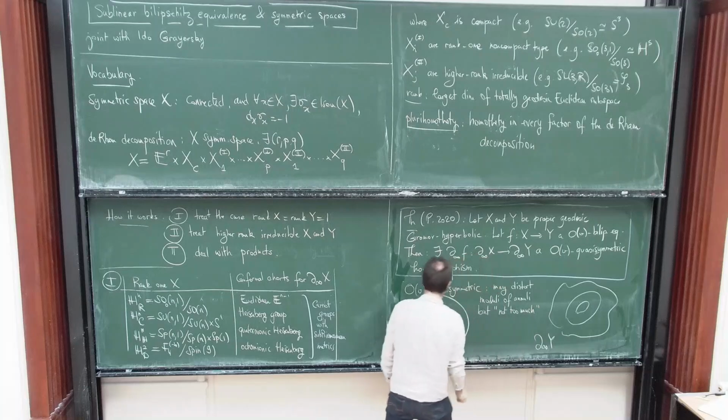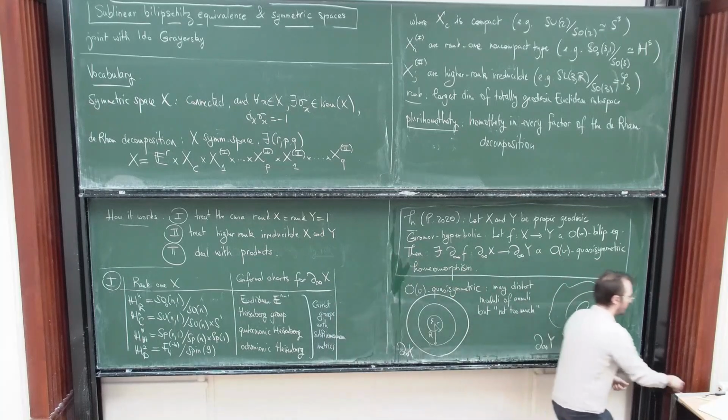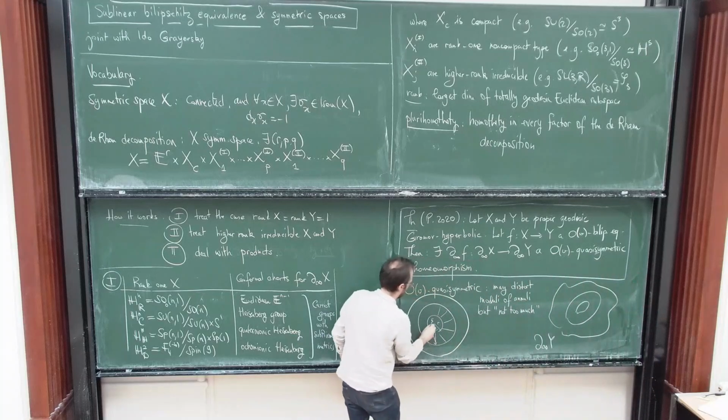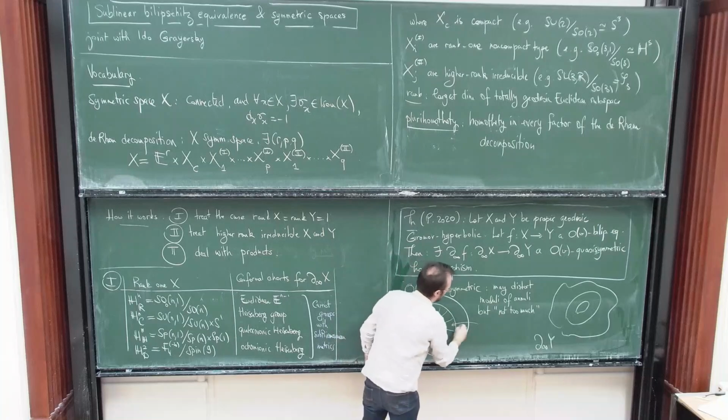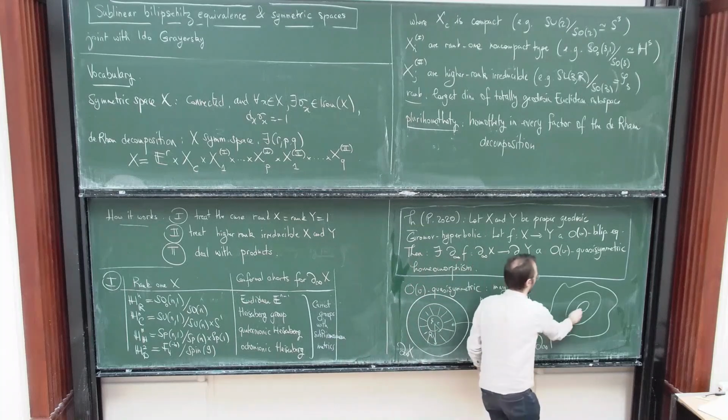If I took some r, and here some log of r, the modulus of this annulus is log of r divided by r.